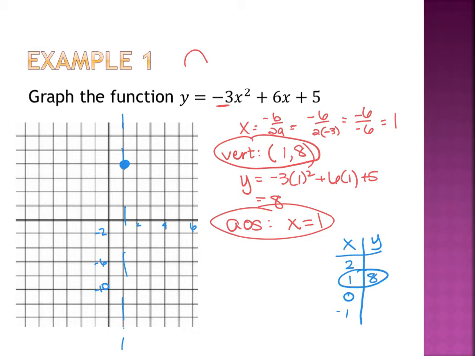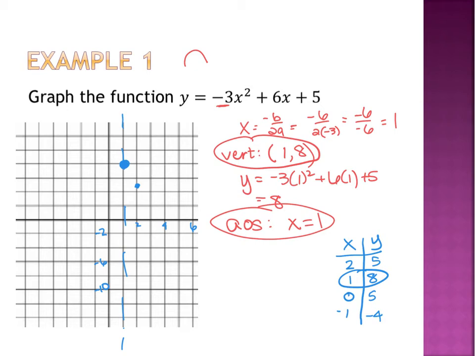So if I plug in a 2, this is going to give me 5. If I plug a 0 in, I will also get 5. And if I plug a negative 1 in, I'll end up with a negative 4. So if I plot these points, I have the coordinate point (2, 5), which will be about here. (1, 8), we've already got plotted.